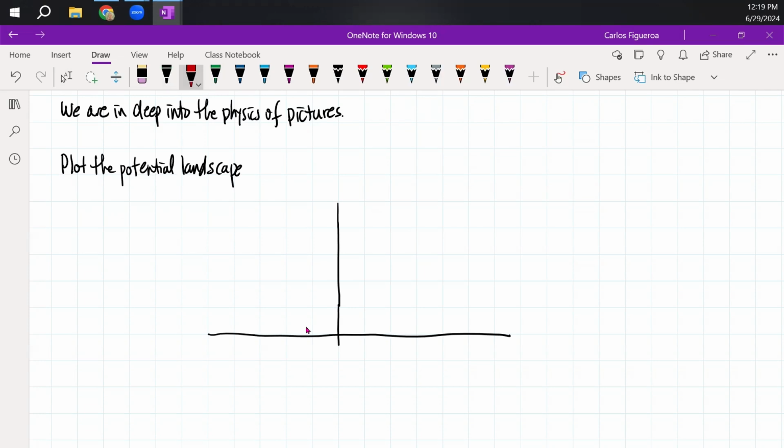I know that if I'm plotting the potential, it's going to look something like this, and then it's going to be the same thing on this side. So this is the potential right here.